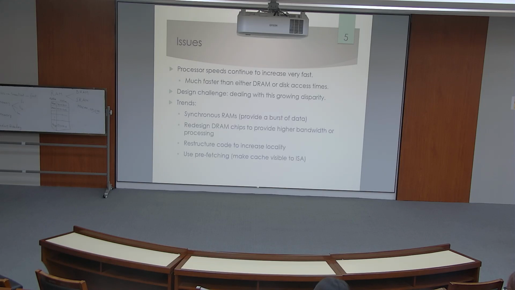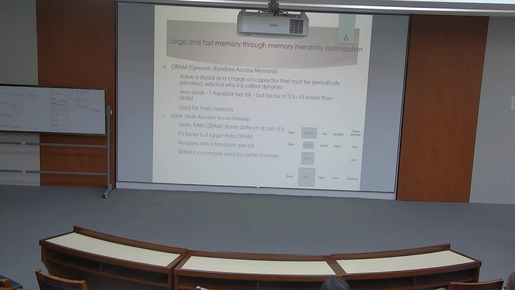So these are some issues linked with the computer system now, because the speed of the central processing unit is increasing at a much higher speed compared to the memory speed, the memory access time. Now, we need to have a large and fast memory. This is very important. We need to have a fast and large memory.